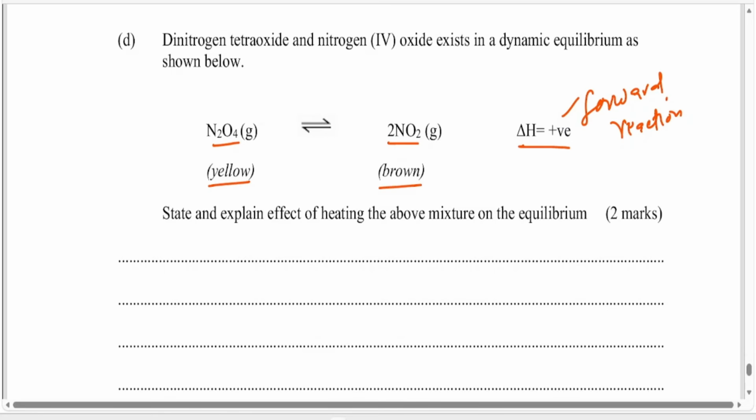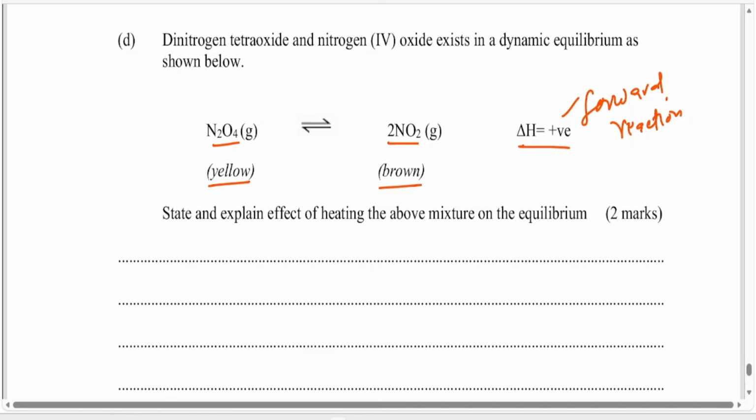Increasing temperature, it will move to the side which leads to decreasing the temperature. The backward reaction is exothermic, because if the forward reaction is endothermic, the opposite is true. So if I increase temperature, the equilibrium will shift to the side where the temperature is low, because I'm increasing temperature.